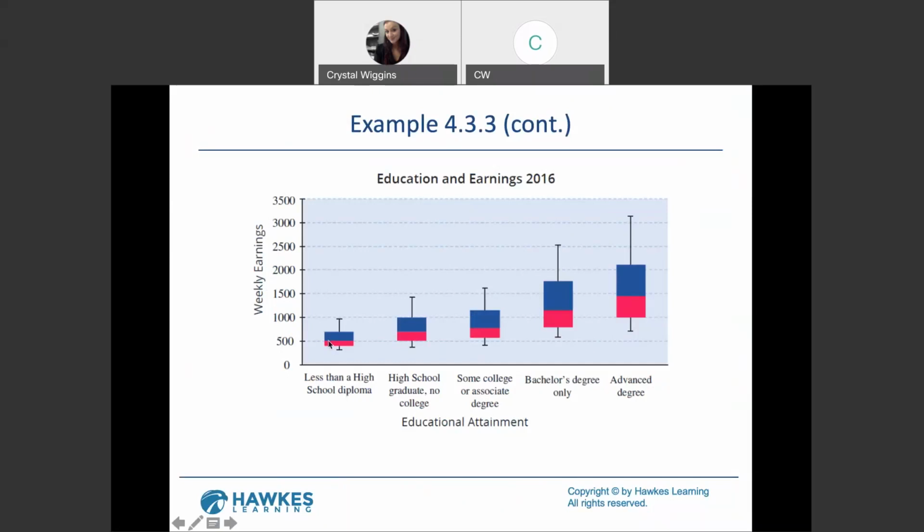Now, if we look at the upper end, our 90th percentile markers, we can see that there's a huge difference when you have an advanced degree or bachelor's degree, and where the limit is, where the sort of glass ceiling is, when do you bottom out and stop making so much money? Remember, these aren't the maximums, because the max and the min are likely to be outliers, which is why they're left out of these box plots, and they're only looking at 90% of the data.